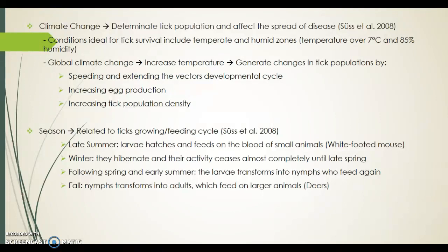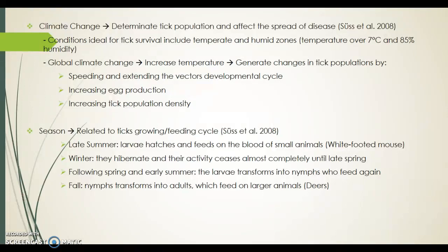Global climate change, well, when there's an increase in temperature, this obviously also generates changes in tick population by either speeding and extending the vector's developmental cycle, increasing egg production, or increasing tick population density. After all, these are the temperatures that are most ideal for the tick to actually function.